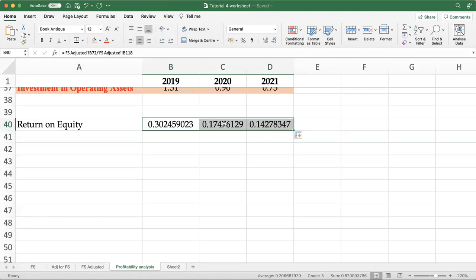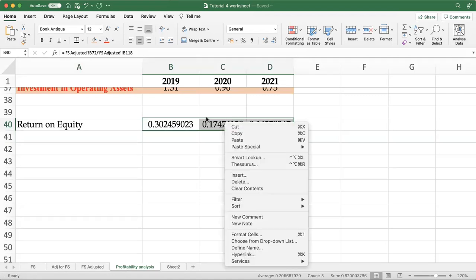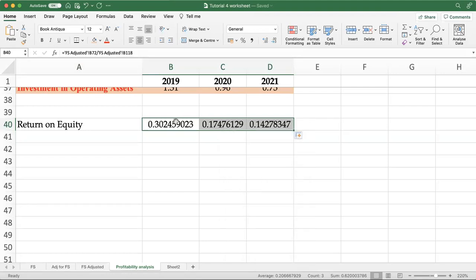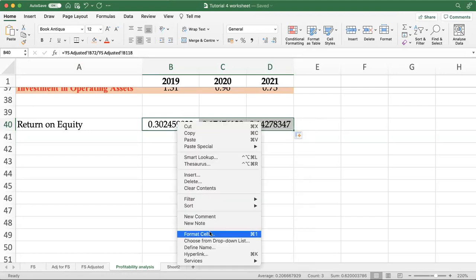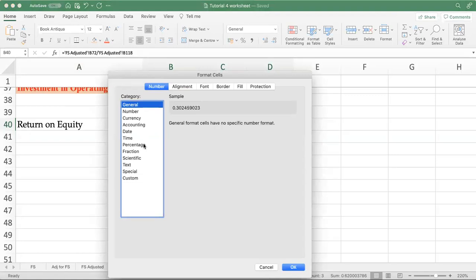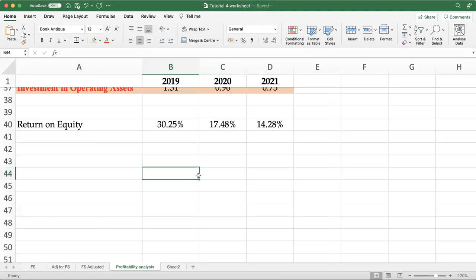You can make this a percentage. Now you see ROE is in a declining trend.